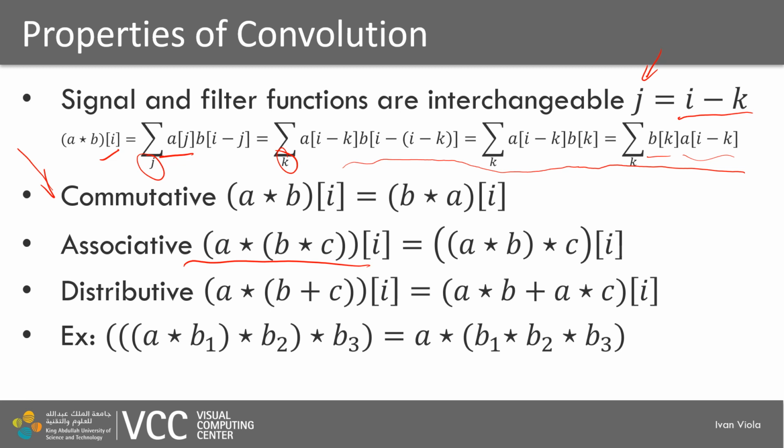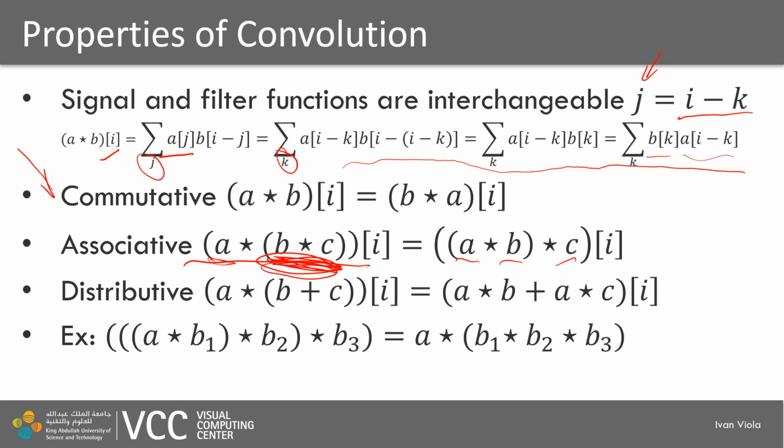For example, let's say we have this input signal A and we are convolving it with a certain filter B, and then the result we are convolving with a certain filter C. Instead, we can just convolve these two filters, create a BC filter, and then convolve the entire signal with this already pre-computed combined filter. That is what associativity is good for.